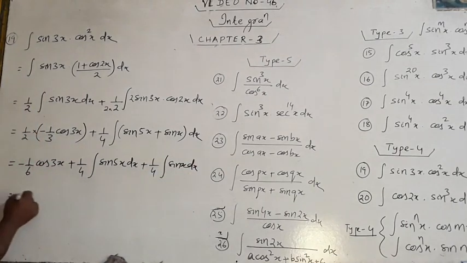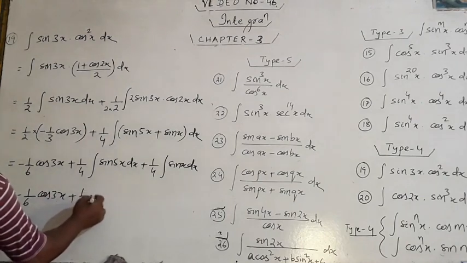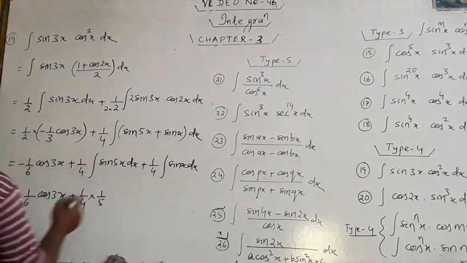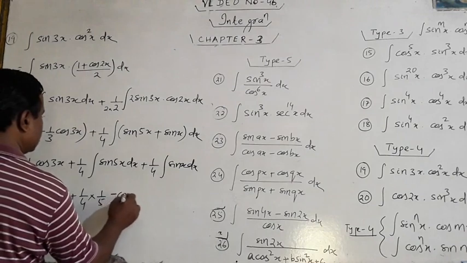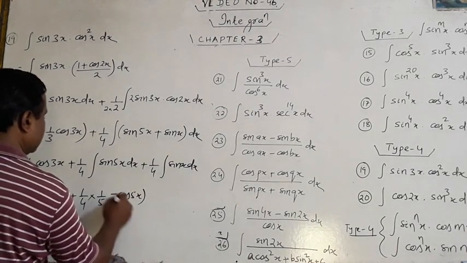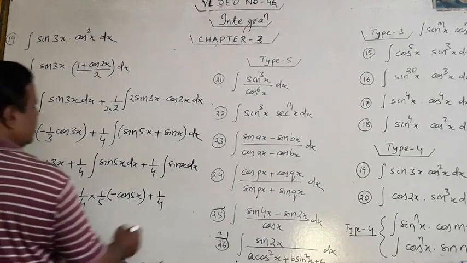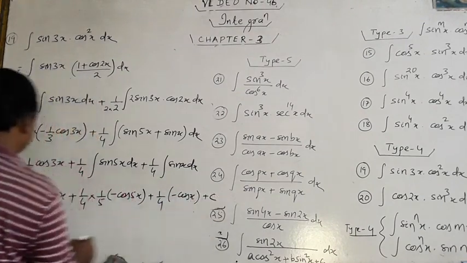It becomes minus 1 by 6 cos 3x plus 1 by 4. What is integration of sin 5x? It is 1 by 5, integration of sin 5x is minus cos 5x, plus 1 by 4. Integration of sin x is minus cos x plus c.